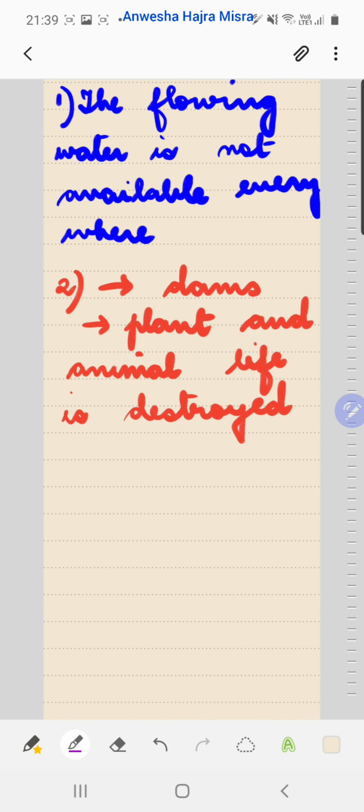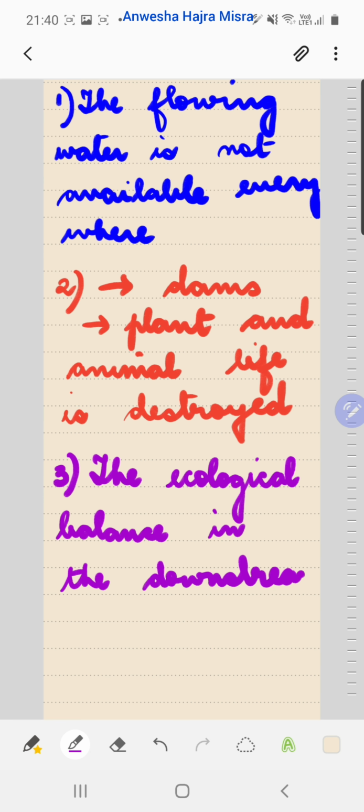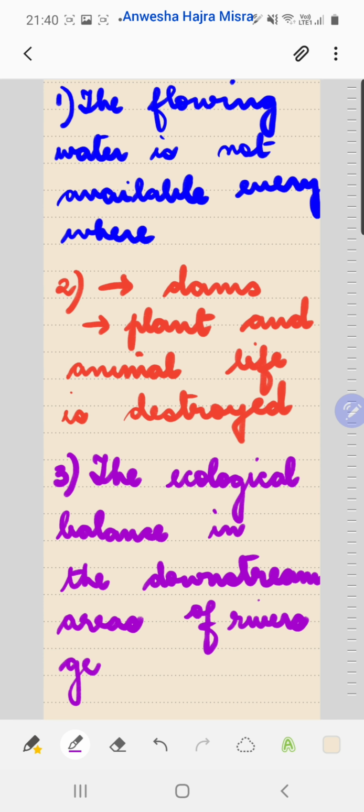Number 3, the ecological balance in the downstream areas of rivers gets disturbed.